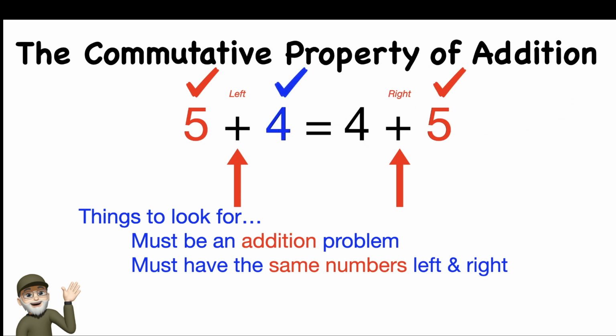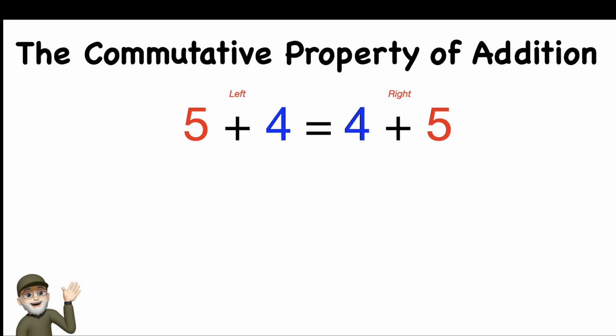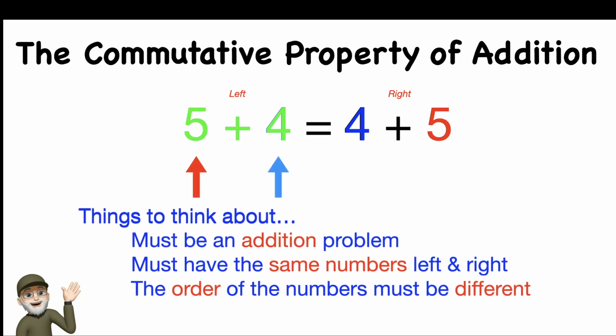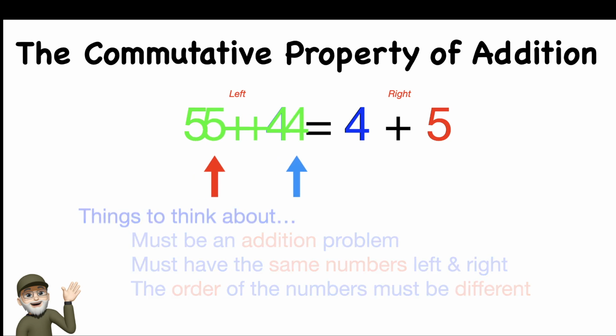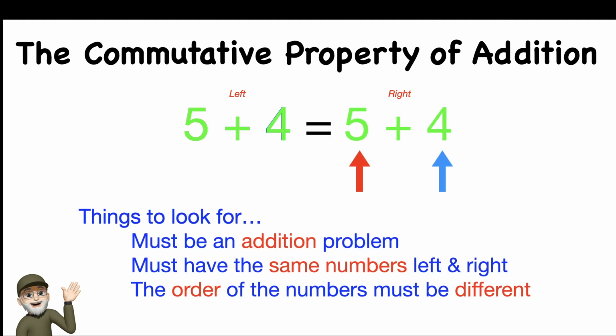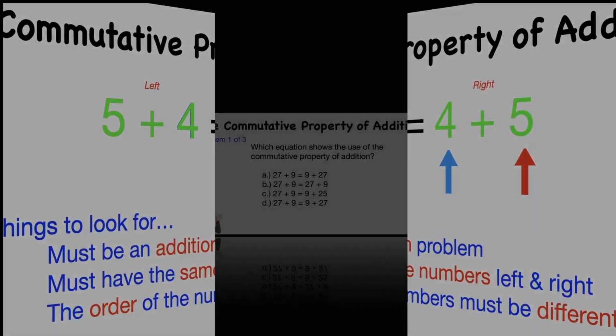We have 4 on the left and we need to have 4 on the right. Last, we need to make sure that the order of the numbers must be different. For example, on the left, 5 plus 4, we can't just slide that over and have it be the commutative property of addition. The 5 and 4 would have to be switched to make that the commutative property of addition.